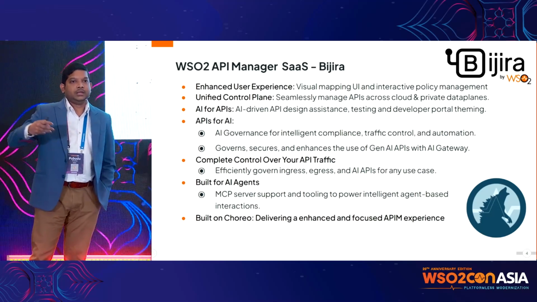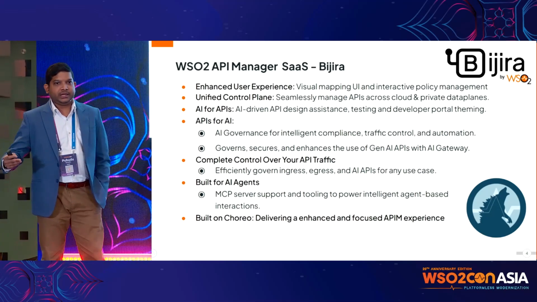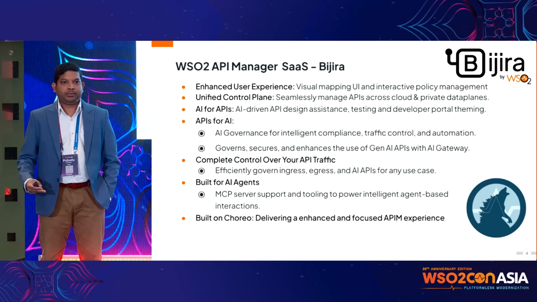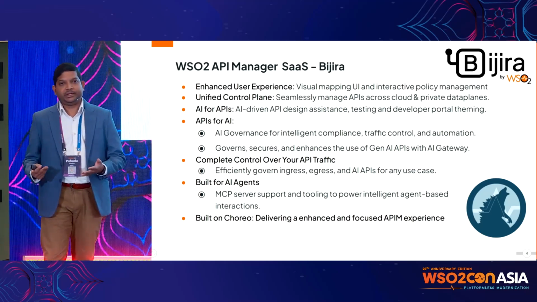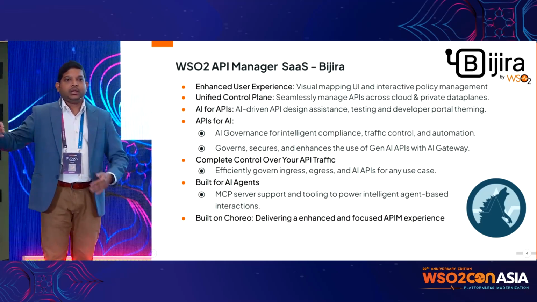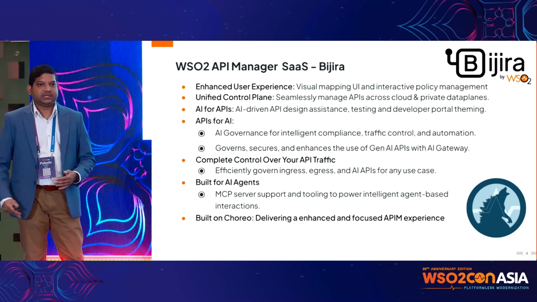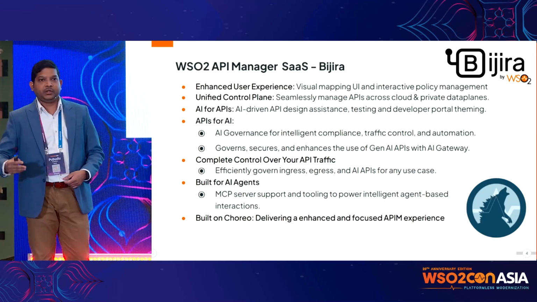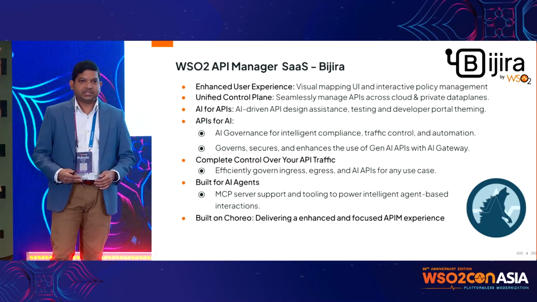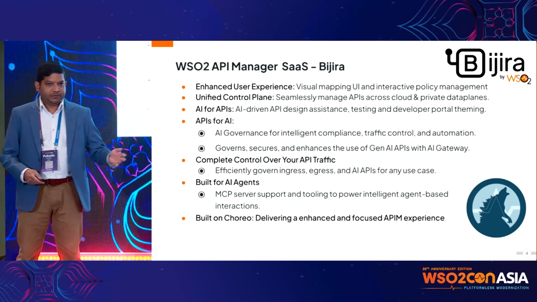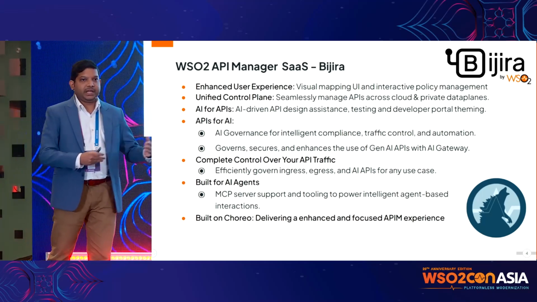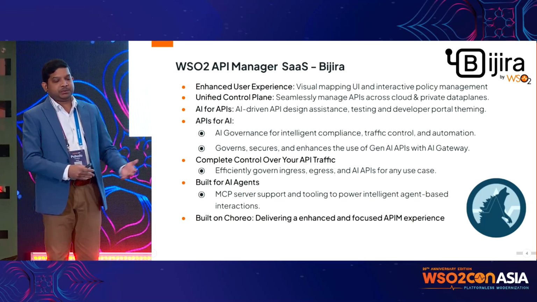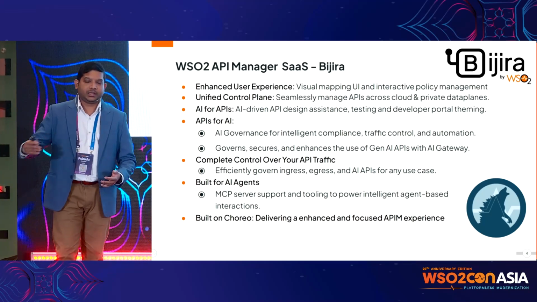We are not restricting the Bijira control plane to the cloud data planes or the private data planes. We are moving to federated API gateways, and we are also going to govern your on-prem API gateways as well. We have features covering AI for APIs, from specification generation to other features.